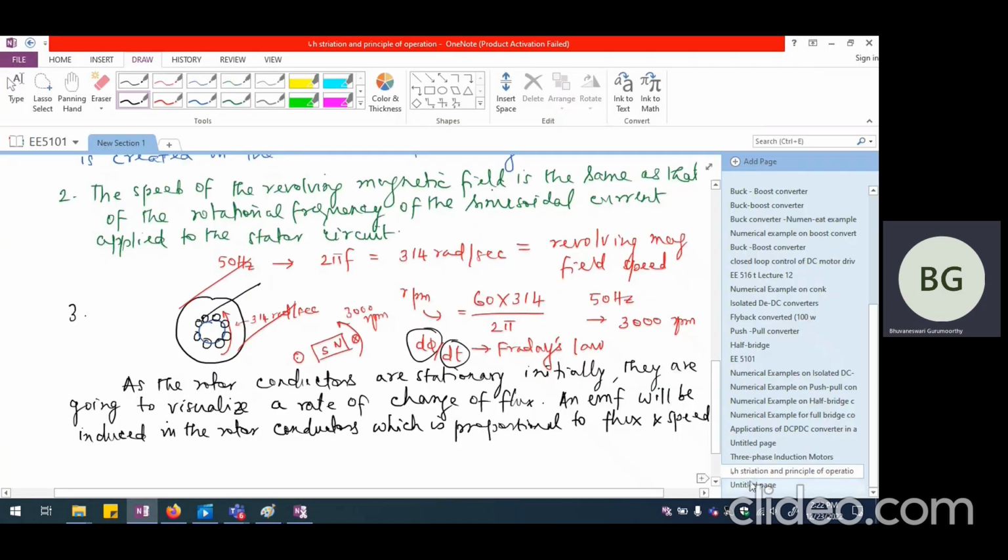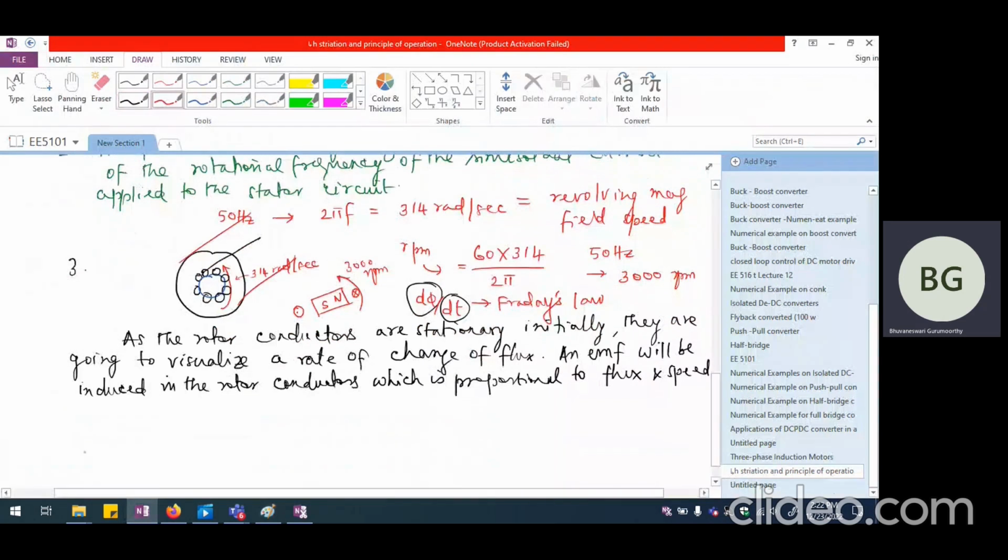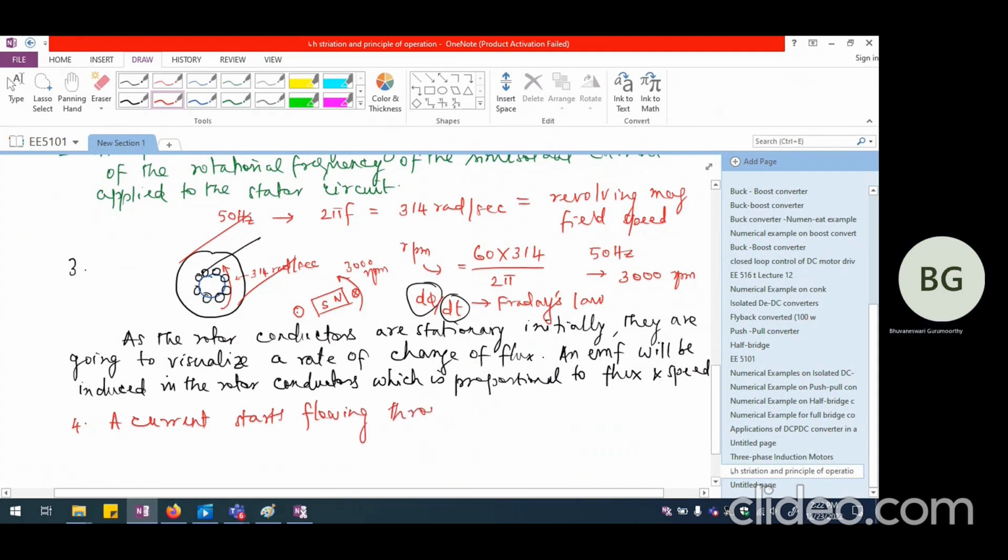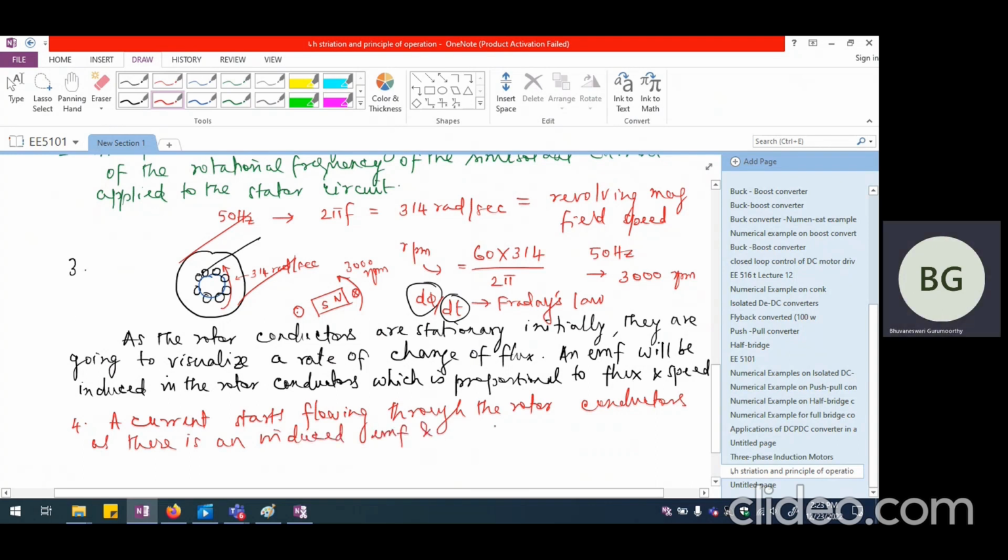Because of this, we are going to have a current flowing through the rotor conductors, as there is an induced EMF and the rotor conductors are short circuited. If the rotor conductors had not been short circuited, then there would not be any path for the current.